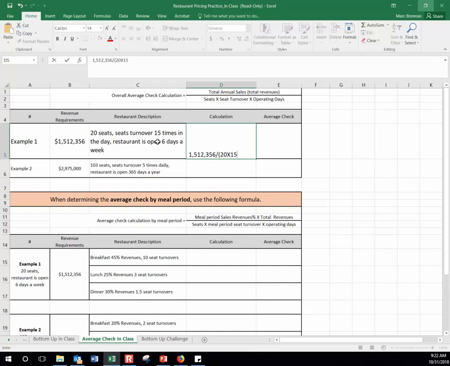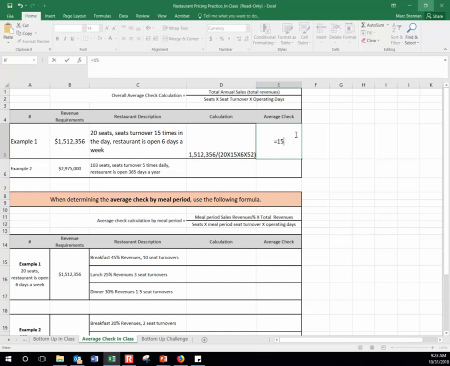These turn over 15 times a day, times operating days in a year. This is for a whole year. To find our operating days, we're open 6 days a week, and there are 52 weeks in a year. That would be the math that we want to put together.